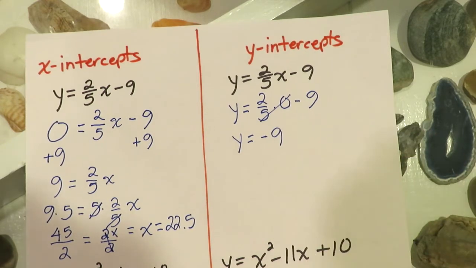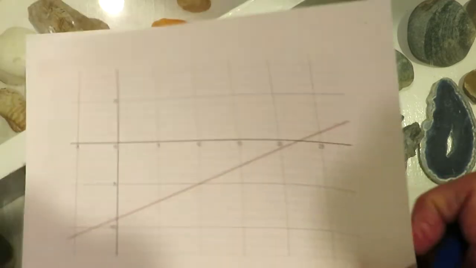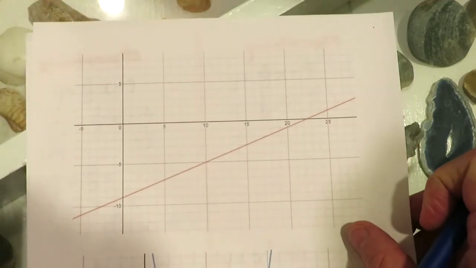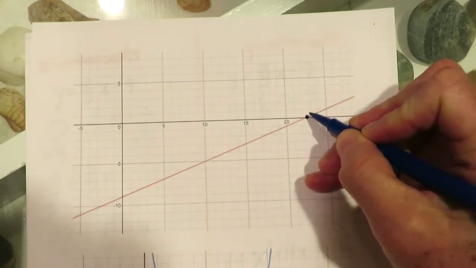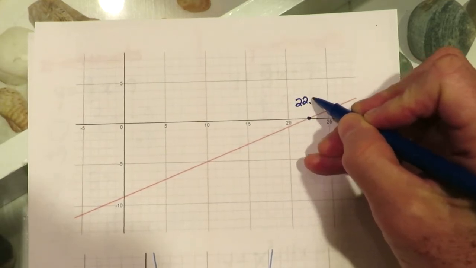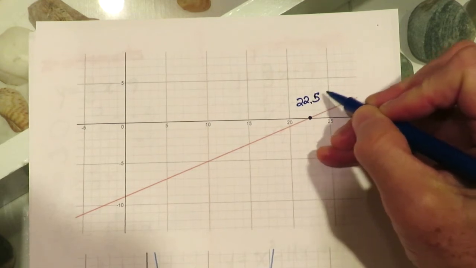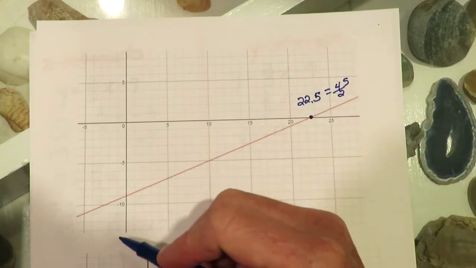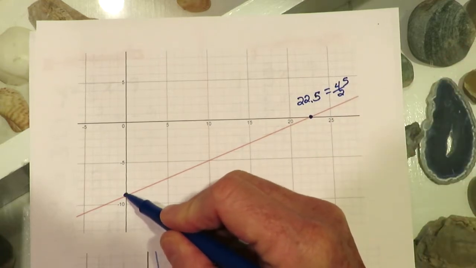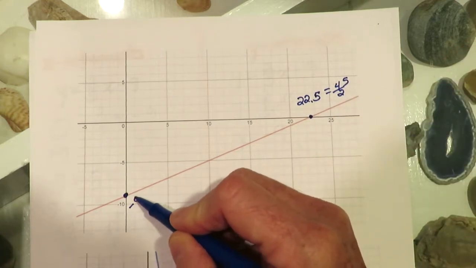So if we look at the graph of this equation, here's the graph, and there is my x-intercept at 22.5, or 45/2, and here is the y-intercept, -9.